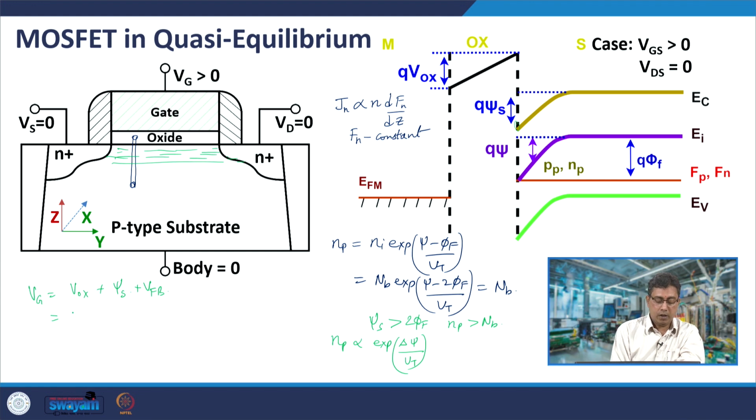So, this would turn out to be, where Q silicon is the total charge in silicon. This is the oxide potential drop. So, what is this?